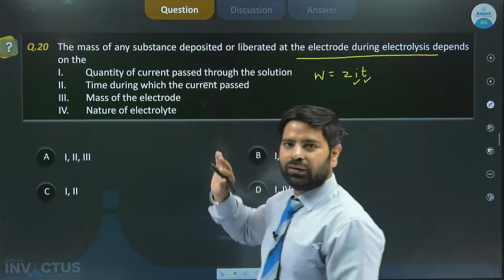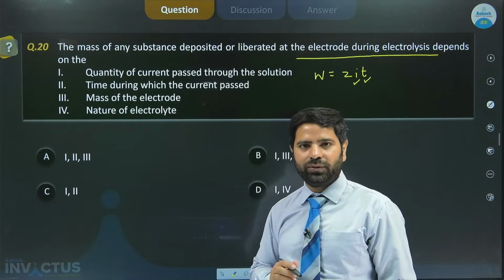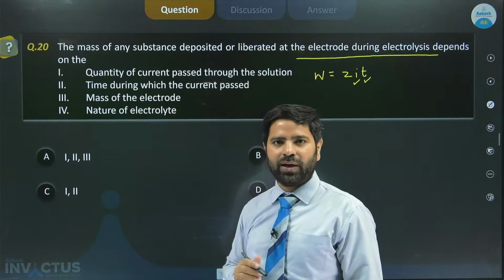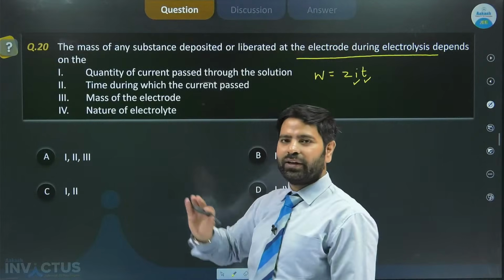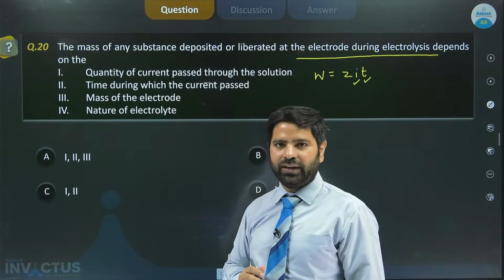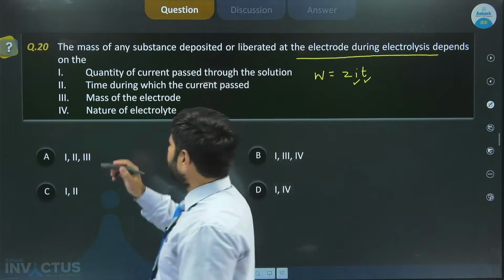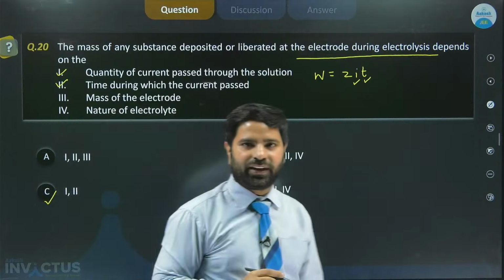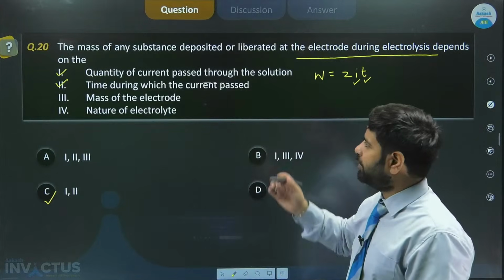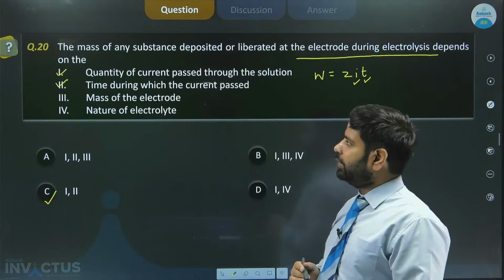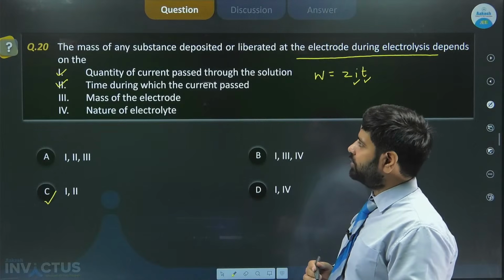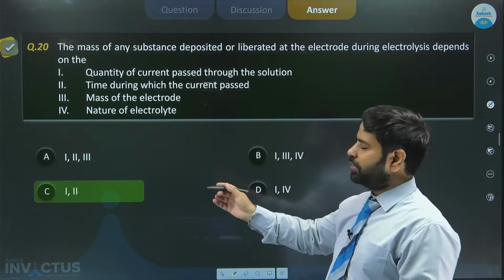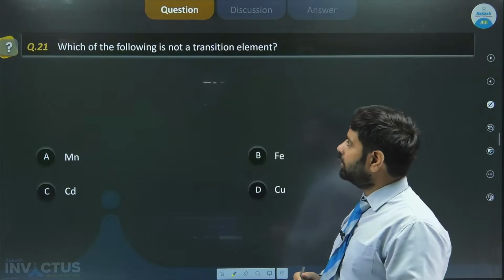Mass of any substance deposited at any electrode does not depend on the mass of the electrode, and it does not depend on the nature of the electrolyte. The correct option would be option C, first and second. So a very basic question. Let's check the answer of this question. The answer given is option C.